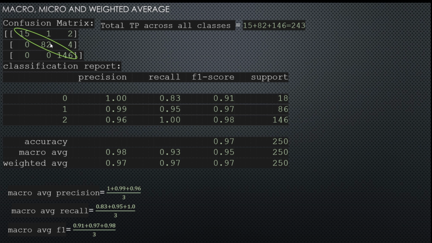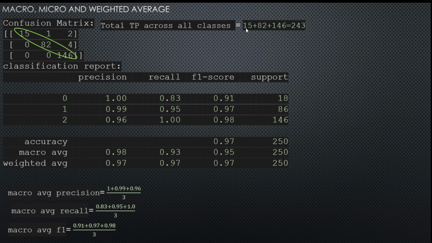If this is 82, this is the true positive for class 1, but 15 with respect to class 1 is true negative. 146 with respect to class 1 is true negative, but when I am measuring with respect to class 2, then 146 is TP, true positive, and these two are true negative. So these are basically all true positive values.